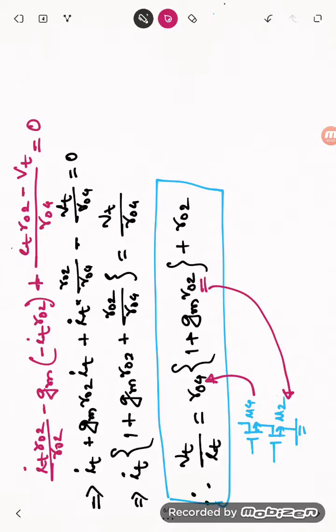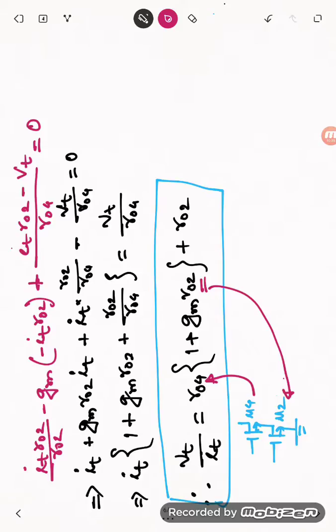So one more time, it is the top MOSFET resistance R04 times 1 plus gm of the top MOSFET times R02, the bottom resistance, then plus simply the R02 of the bottom resistance.